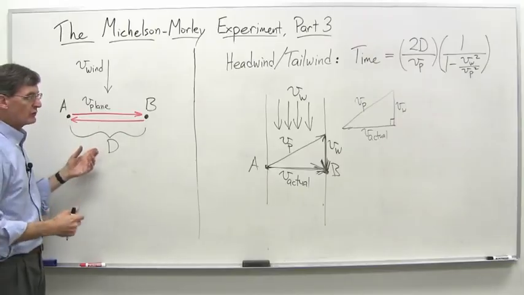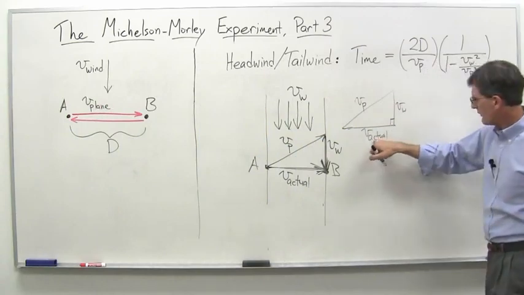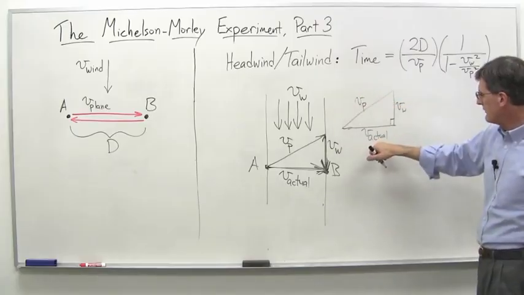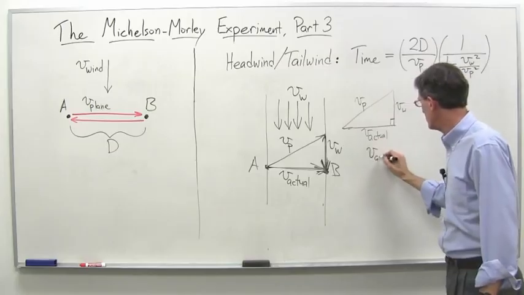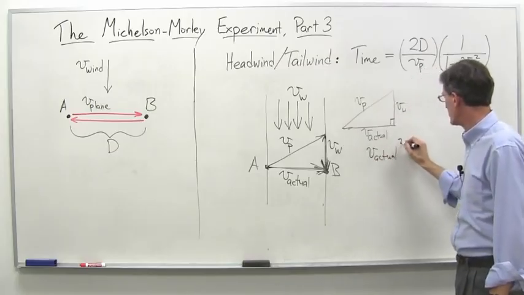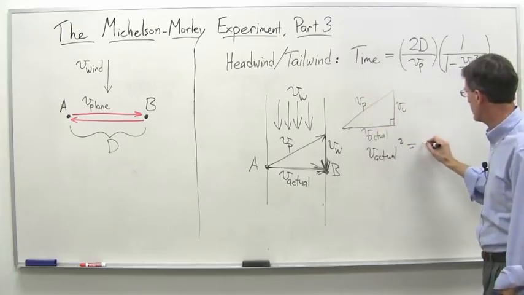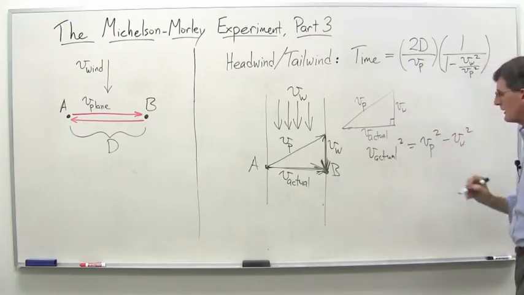So what is V actual over here? Well, the Pythagorean theorem tells me that this squared plus this squared equals this squared. Remember? So if I want this, I can write V actual squared equals the hypotenuse here squared, Vp squared, minus Vw squared.